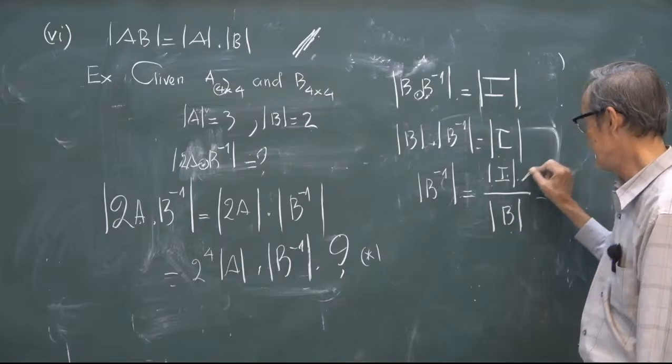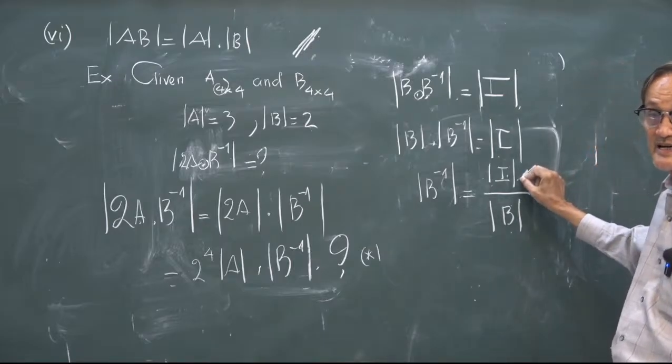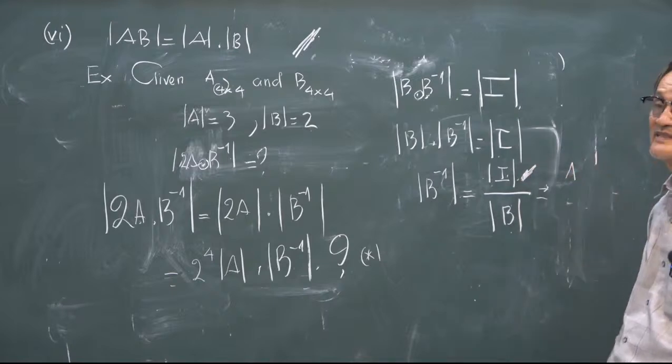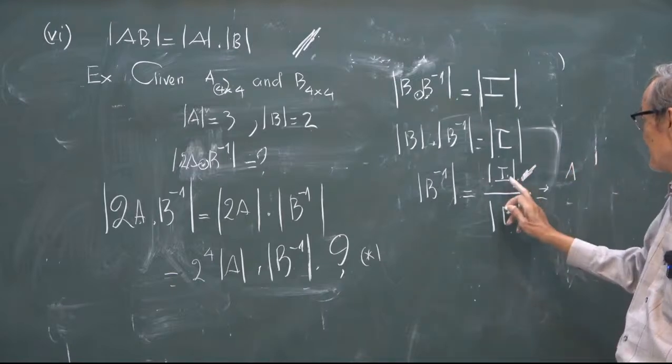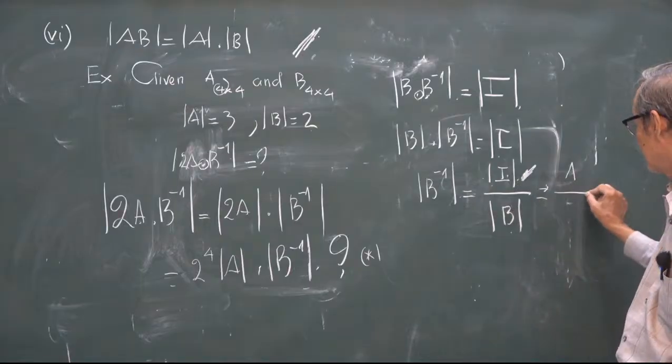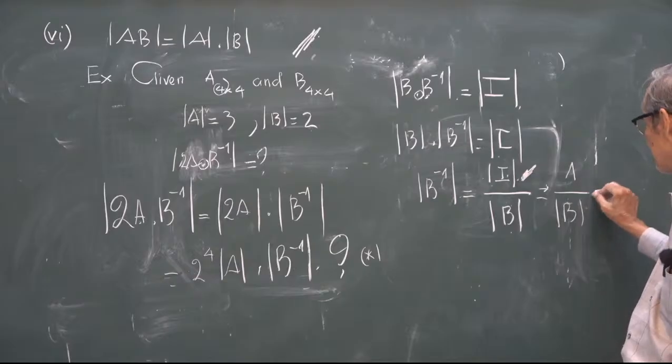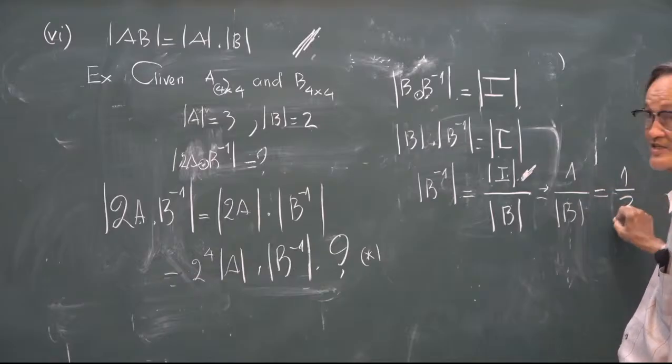And you will see the determinant of the identity matrix is 1. I will see this later and rewrite this as 1 over the determinant of B, which is 1 over 2.